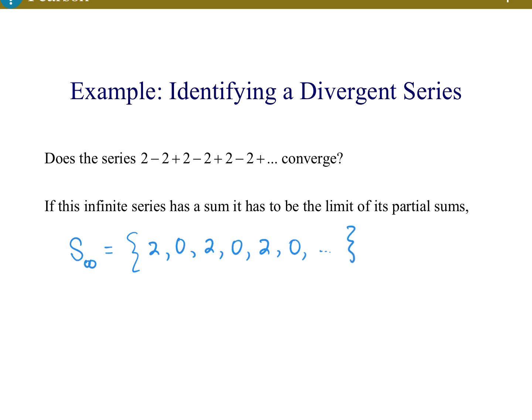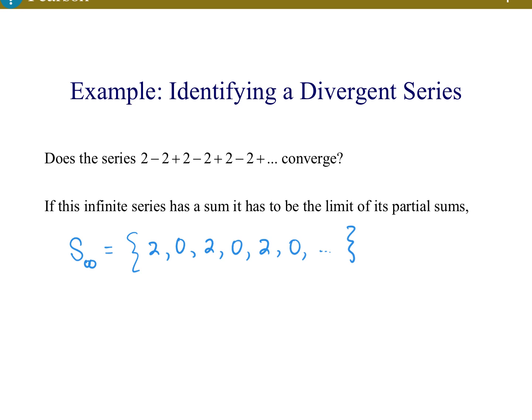These sums alternate, the first sum, the second sum, the third sum, the fourth sum, these partial sums, they do alternate between 2 and 0. It bounces back and forth. Sometimes we call that oscillating. Another word is alternating. It is alternating and will not converge.